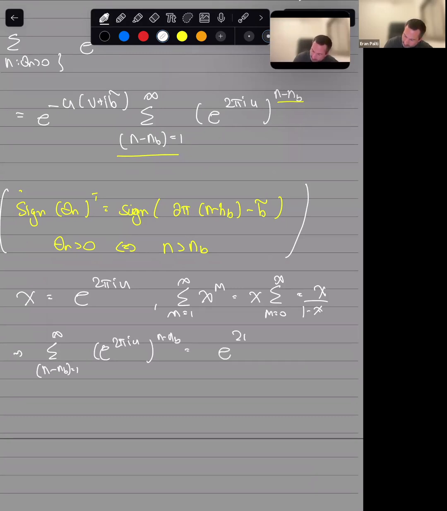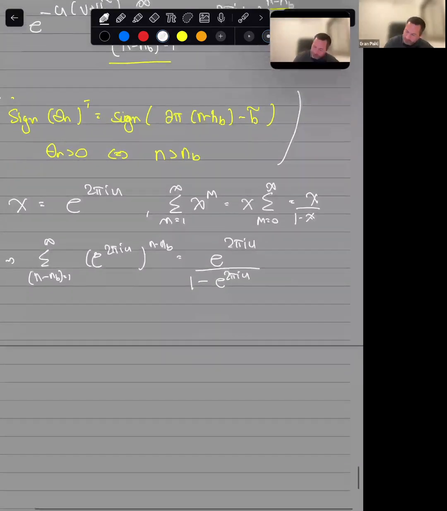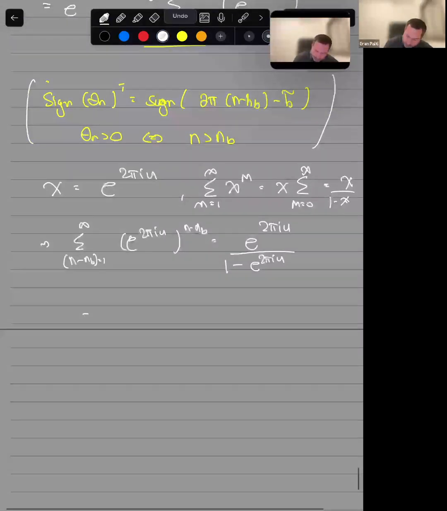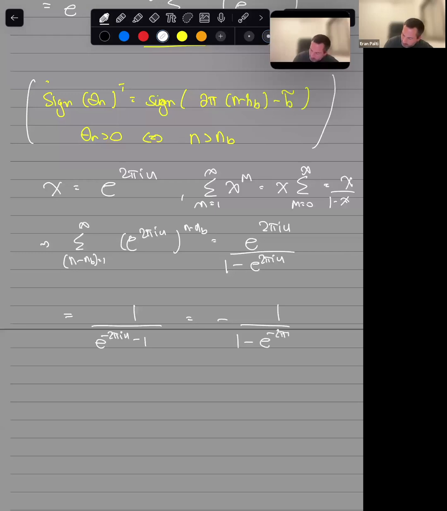So that's e to the 2 pi iu divided by 1 minus e to the 2 pi iu, and that's just equal to 1 over e to the minus 2 pi iu minus 1, which is minus 1 over 1 minus e to the minus 2 pi iu.